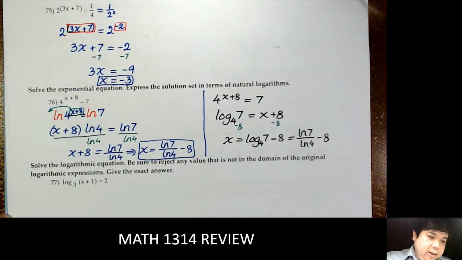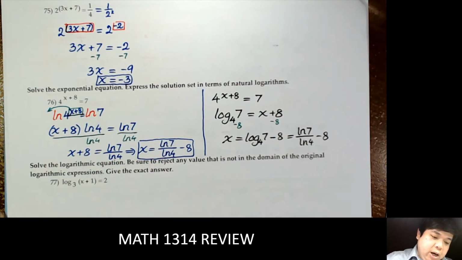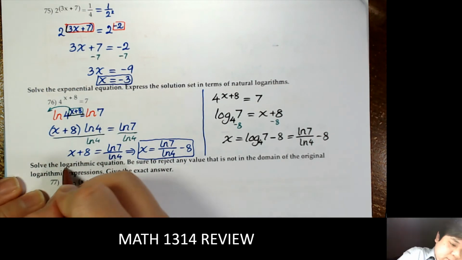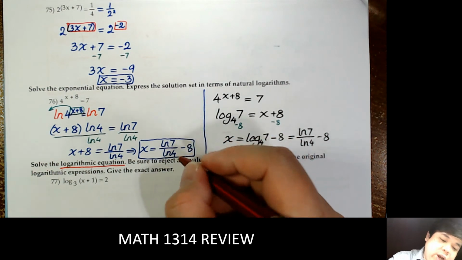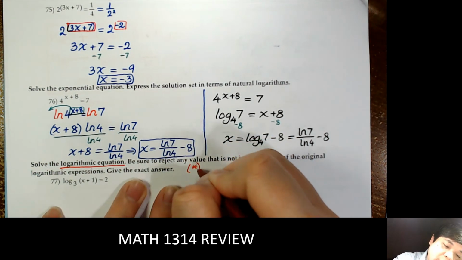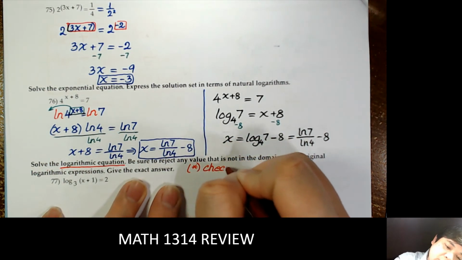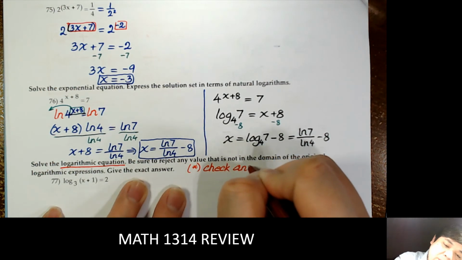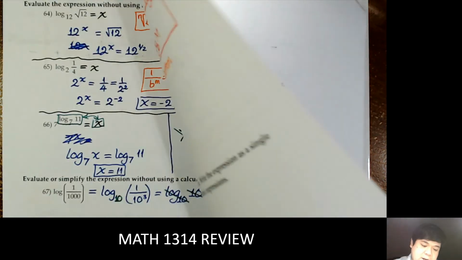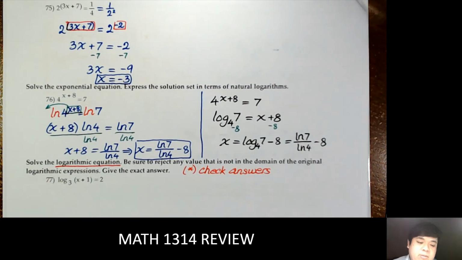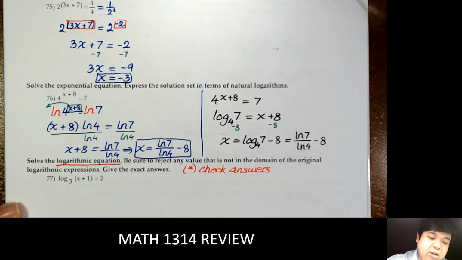Right. Next we'll go to logarithmic equation. For logarithmic equation, we have to check the answer, because the domain of logarithmic function is all positive, so we cannot put negative inside the log.